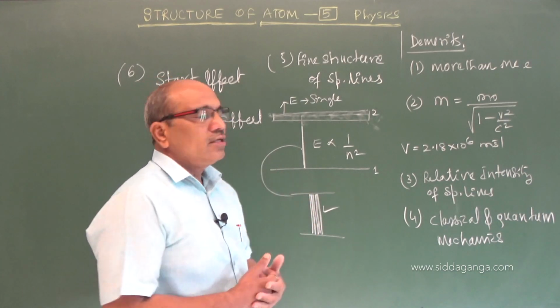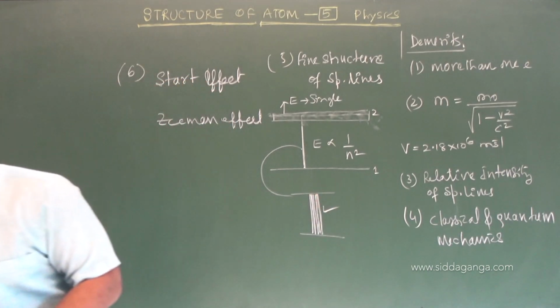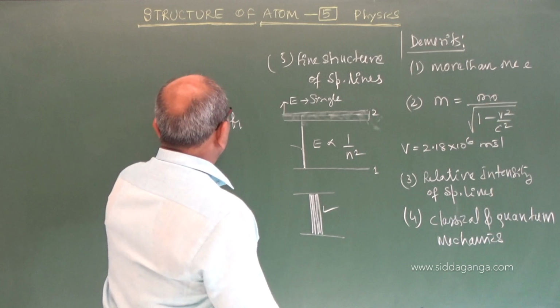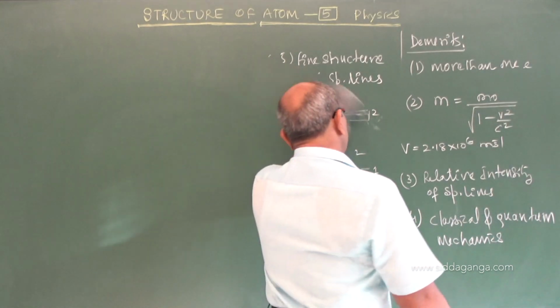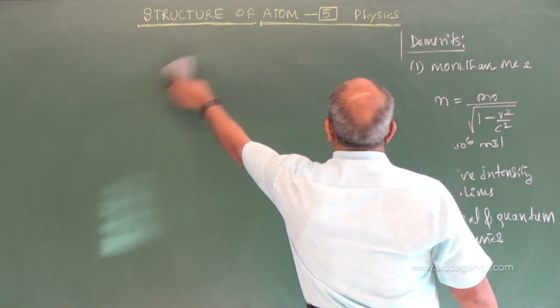So, these two you should link separately for the board exam, and let us come to the explanation given by de Broglie on the second postulate of Bohr's theory. It is an important relation.